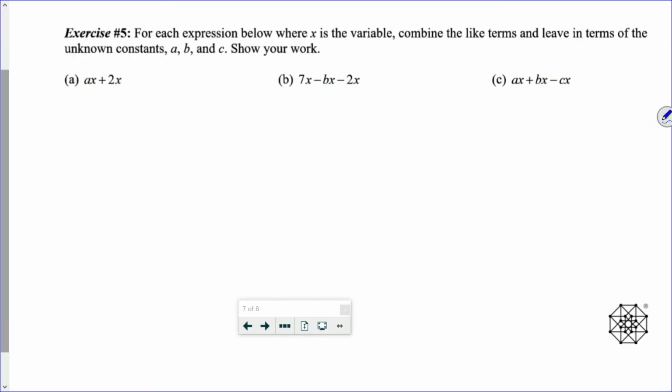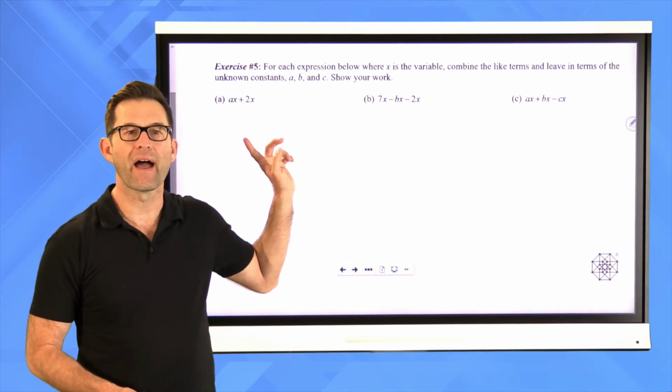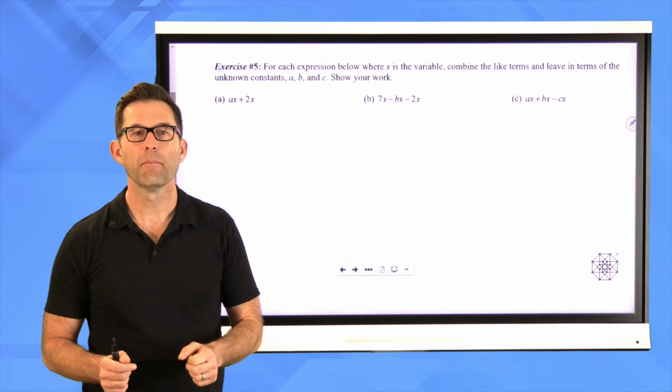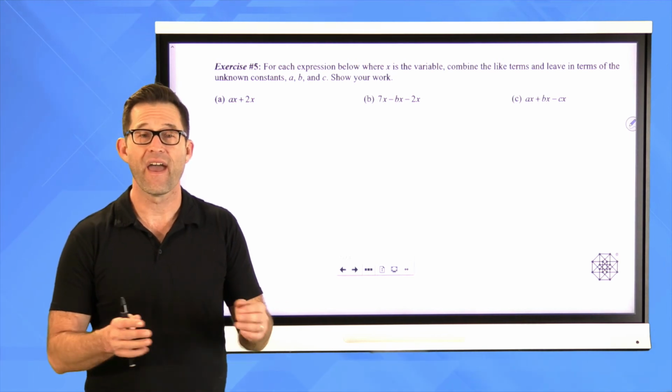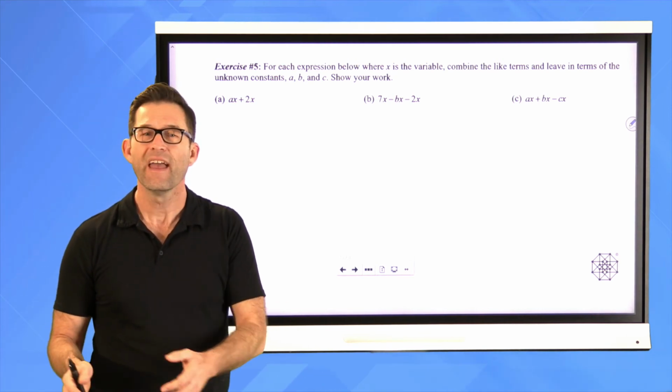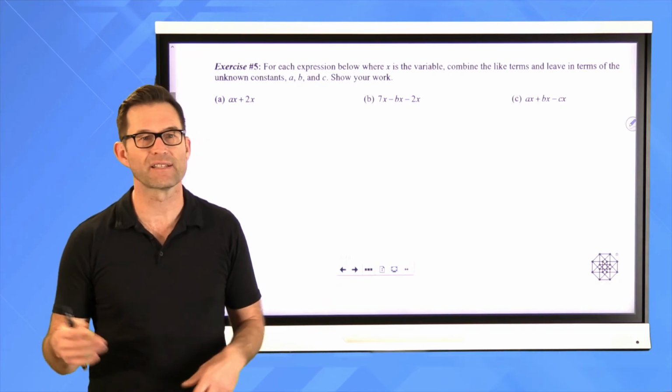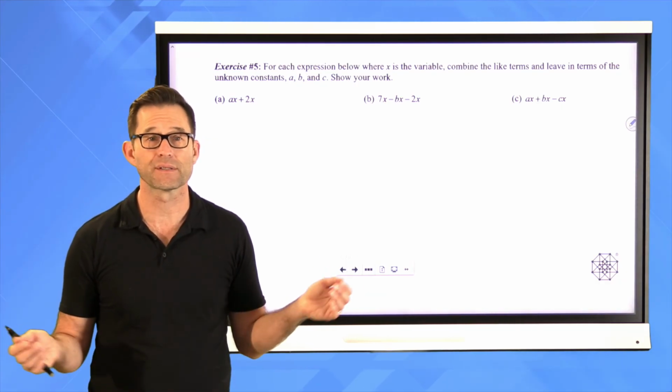For each expression below, where x is the variable, combine the like terms and leave in terms of the unknown constants a, b, and c. Show your work. All right, so in letter A, I have a times x plus 2 times x, ax plus 2x. And that's kind of confusing, because if I had 7x plus 2x, I'd just say I have 9x, right?